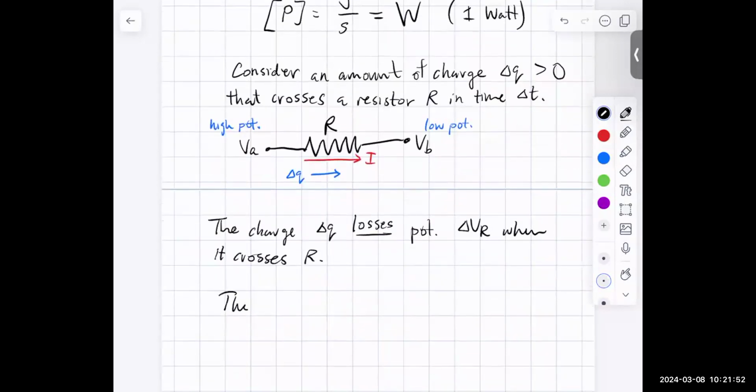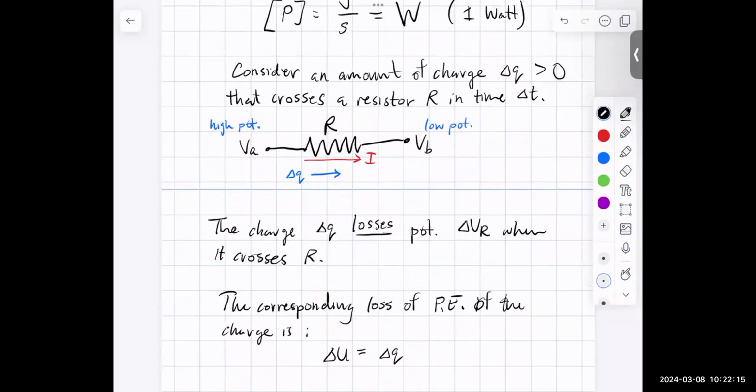So the corresponding loss of potential energy of the charge is, well, delta U is equal to the charge delta Q times the change in potential delta VR.